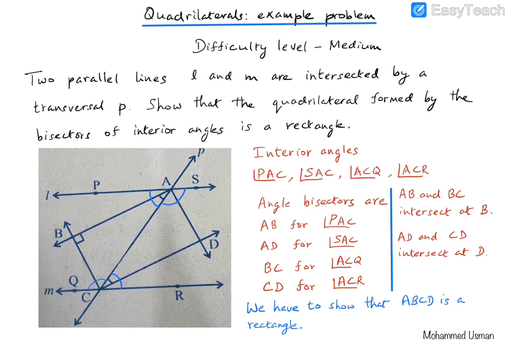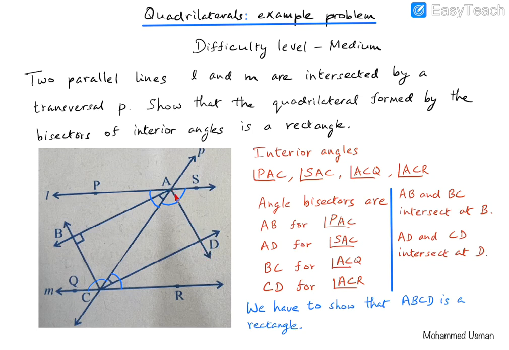And it is said that there are four bisectors of these interior angles. So we have this line AB bisecting the interior angle PAC. So PAC is bisected by the line AB. Similarly, angle SAC is bisected by the line AD.